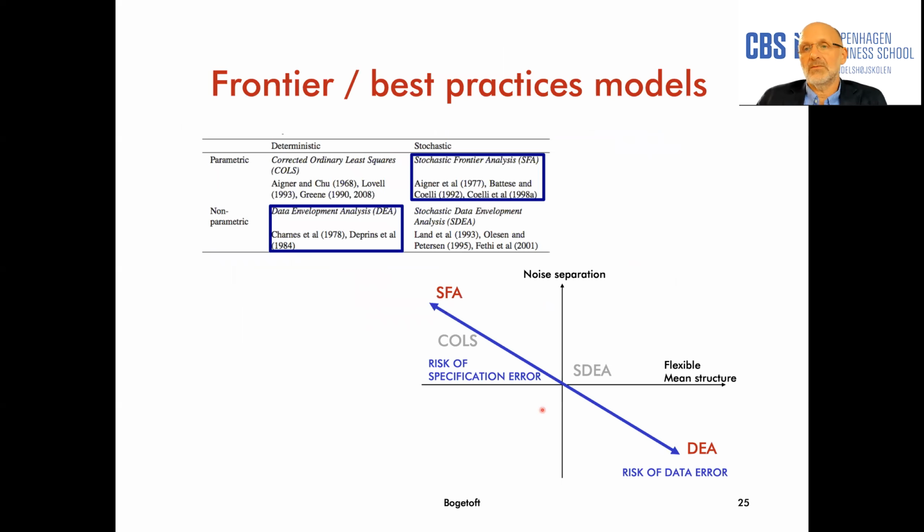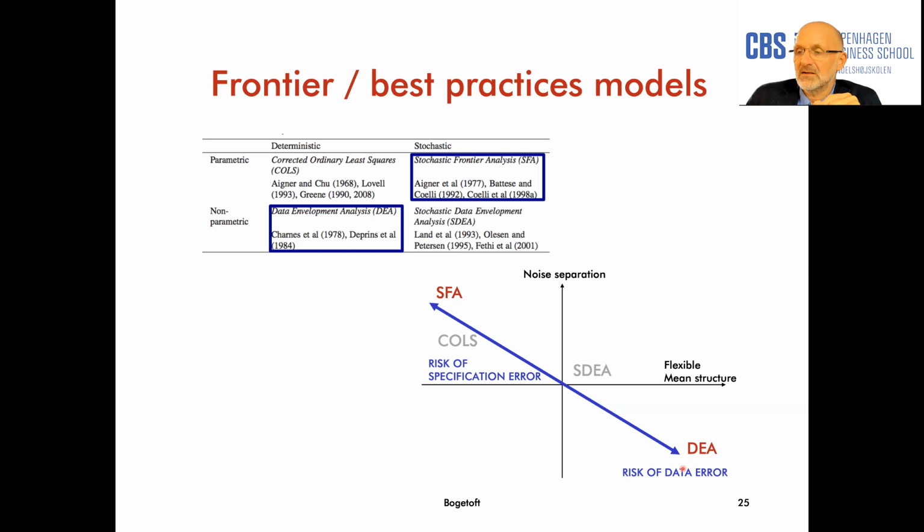As I said, these regulators are normally using DEA and stochastic frontiers. We already talked in a previous presentation about the advantage of doing so. If there's a lot of noise in the data, the SFA has some advantages because it's better at separating noise from inefficiency. If the big problem is that you don't really know what the technology looks like, so you would like to have a very flexible mean structure, then the DEA might be a better choice.